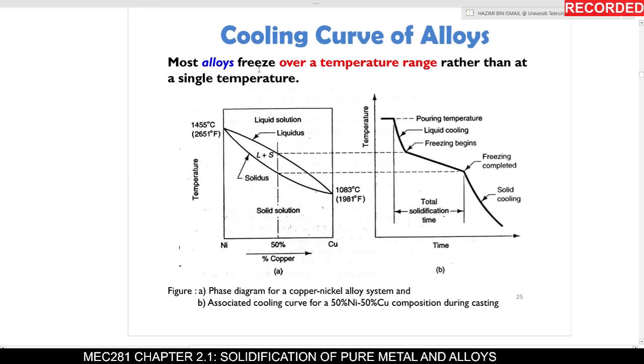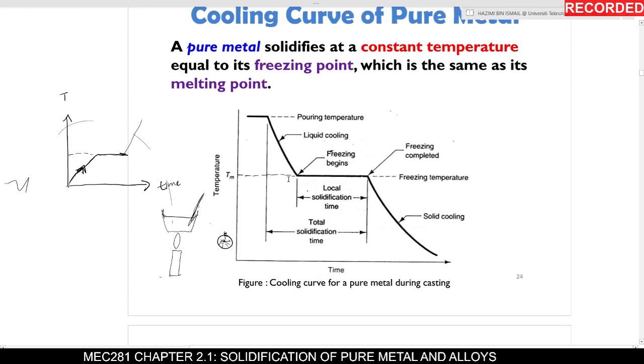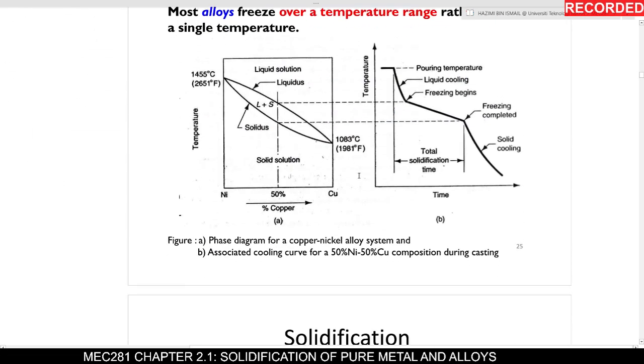Beza dia dekat sini awak tengok freezing begins kat sini. Sepatutnya kalau pure metal dia akan constant. Sekarang ni bila alloy dia turun juga sikit, dia tak jadi constant. Sebab tu dia kata freeze over a temperature range, not at a single temperature. Macam ni single temperature.